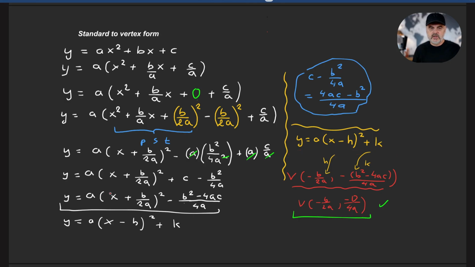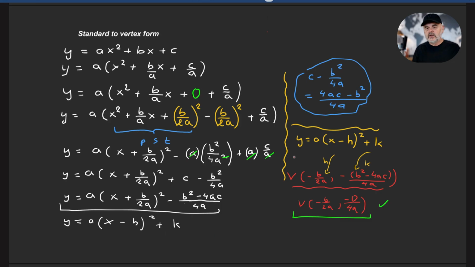Whatever is inside here, this is your h. So this would be minus b over 2a, equivalent to the x coordinate of the vertex of the parabola. And this entire thing, negative in front of the brackets, b squared minus 4ac divided by 4a, is equivalent to, or corresponds to, that term k.